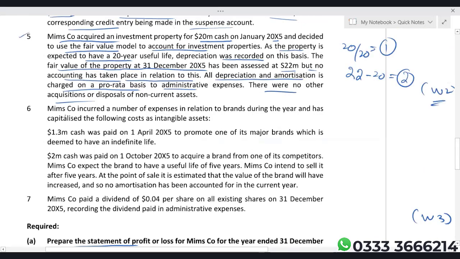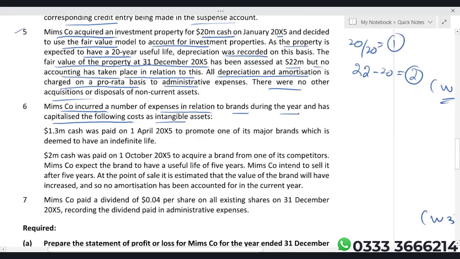Let's go for 6. MIMS Company incurred a number of expenses in relation to brands during the year and has capitalized the following costs as intangible assets. 1.3 million cash was paid on 1st April X5 to promote one of its major brands, which is deemed to have an indefinite life.